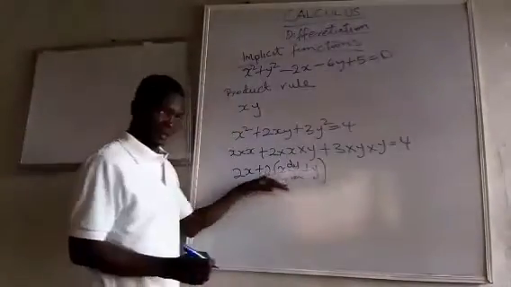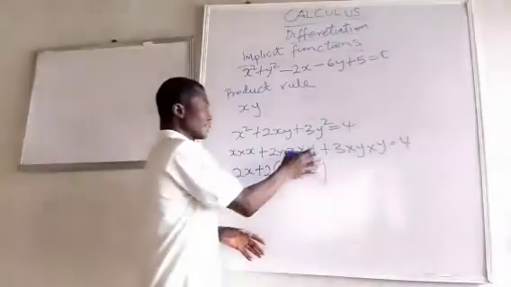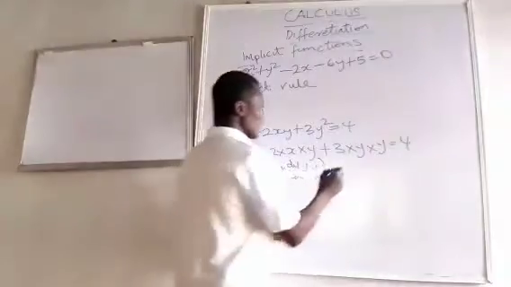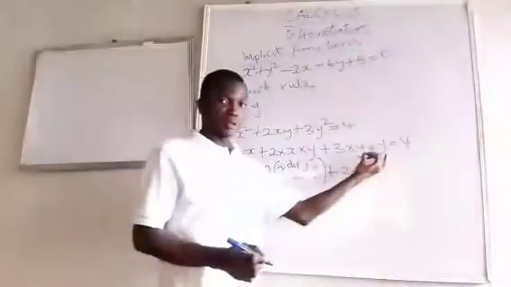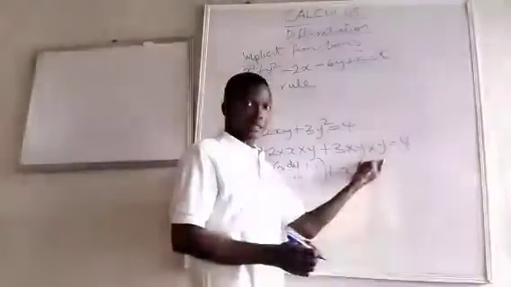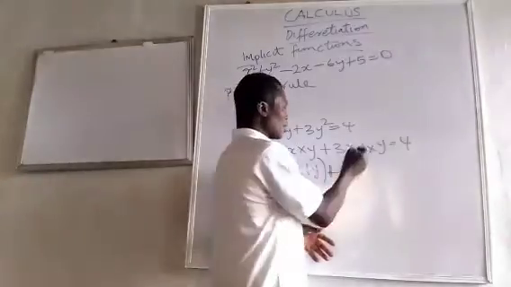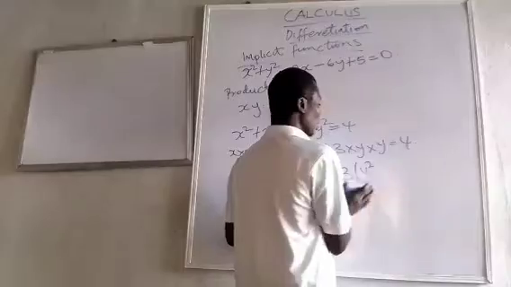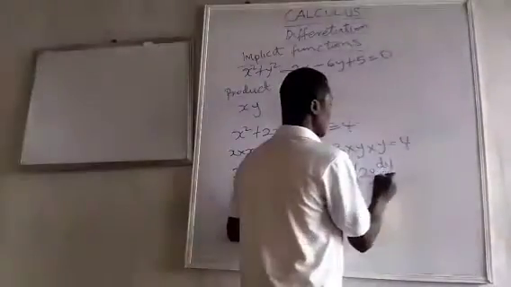It is the differentiation of this, applying the product rule. Now look at this now. 3. If I differentiate this now, it's y squared. I'm going to have 3 into 2y dy/dx.